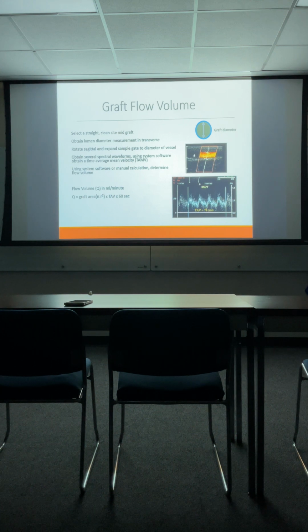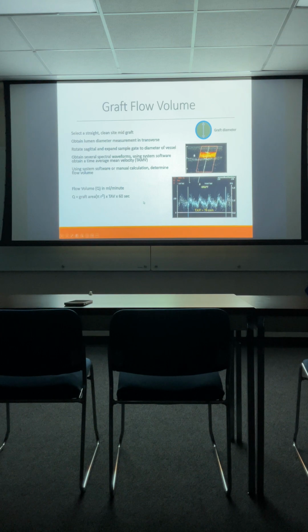And then either the machine can calculate the flow volume for you, or you can do it by hand with a calculator with this formula. So flow volume is expressed in mils per minute, and the formula is flow is equal to the graft area times the time average velocity times 60 seconds.